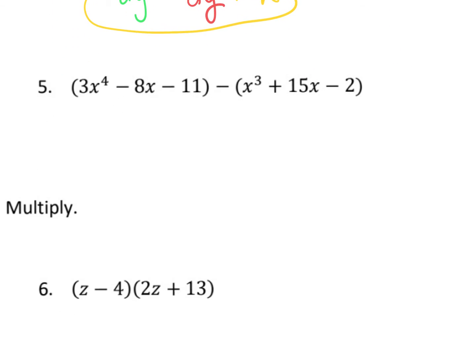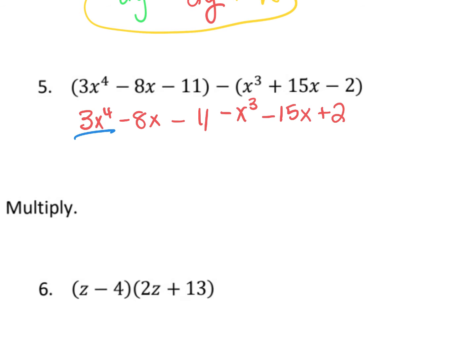Number 5, remember when we're subtracting, we are changing the signs of everything in here. And once we do that, we drop those parentheses. So we're going to write this as minus x cubed minus 15x plus 2. And I'm just going to bring these down. And we're going to combine our like terms again.